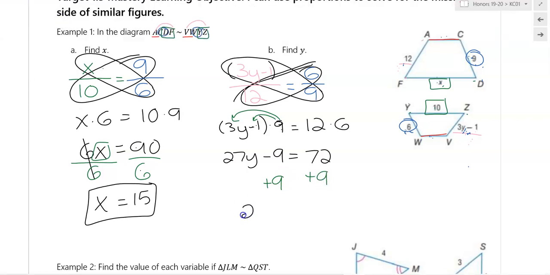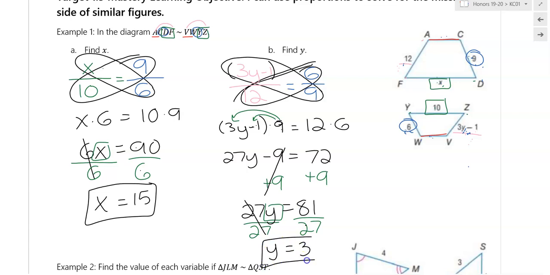So now we have 27y, right, because those cancel, equals 72 plus 9 is 81. And then I'm going to divide by 27 because this is where my variable is. Right? And we divide by 27, those cancel, so I'm left with y. 81 divided by 27 is 3.